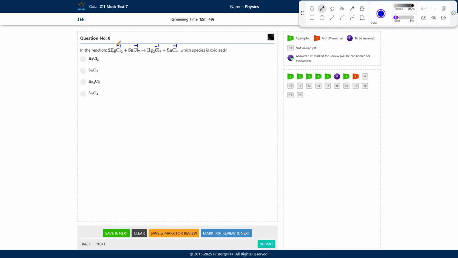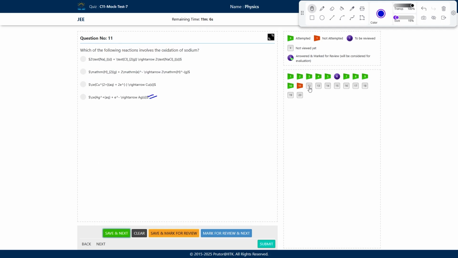Now to make the compound neutral, you have to give +2 oxidation state for mercury of HgCl2 because -2 is coming from chlorine. Similarly, this tin will also get +2, but here the mercury will get +1 because 2 mercuries are there, whereas this Sn will get +4. Now you can easily see that the oxidation state of tin is increasing from +2 to +4. So this is getting oxidized. So SnCl2 is the correct answer.